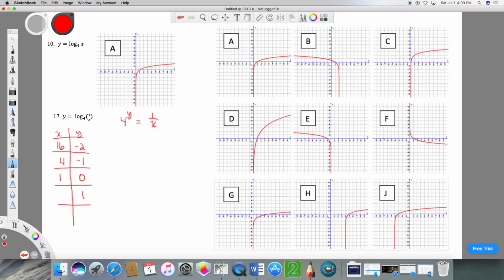If I plug in 1 for y, I have 4. And if 1 over x is equal to 4, then x is equal to 1/4. And if y is 2, then 4 to the second power is 16. And if 1 over x is equal to 16, then x is equal to 1 over 16.